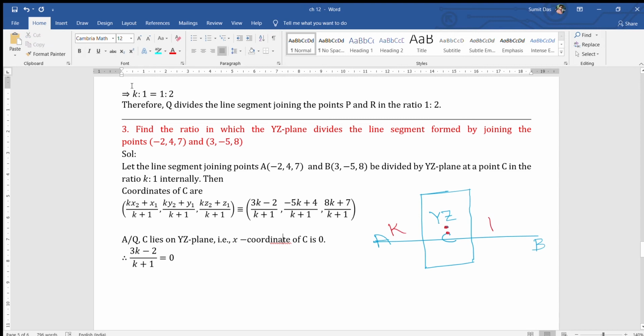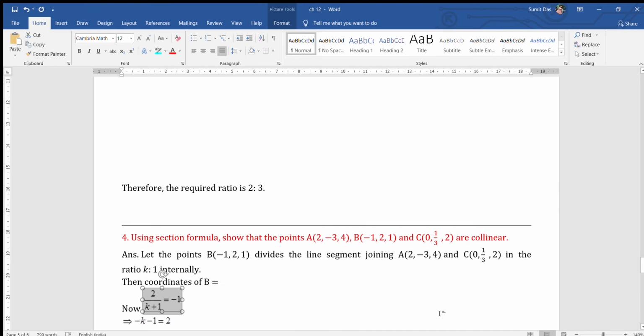Then you have to find the ratio k. So the next line you can write 3k minus 2 equal to 0, because (k plus 1) into 0 is 0, then 3k equal to 2. Then k divided by 1 equals 2 divided by 3.